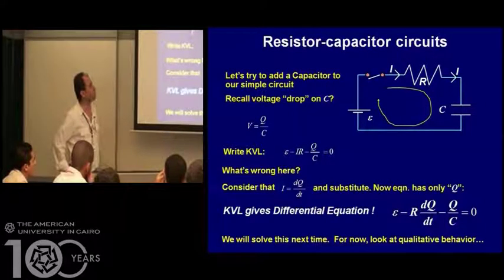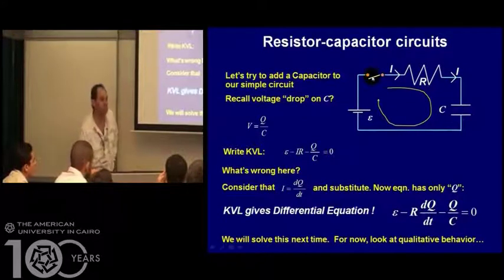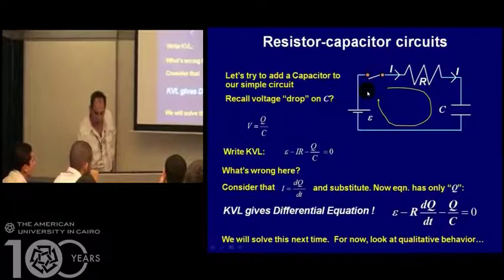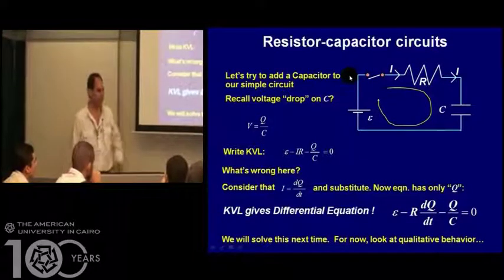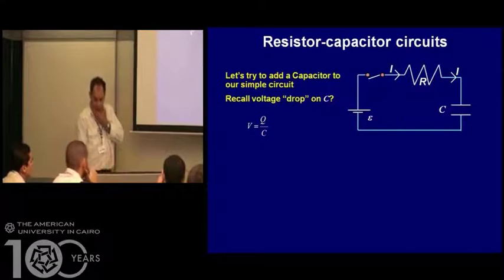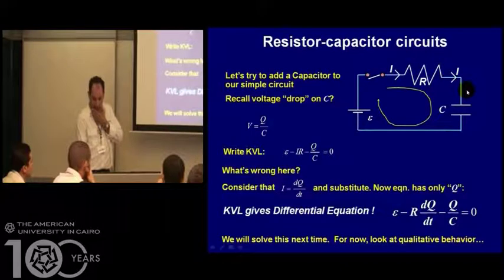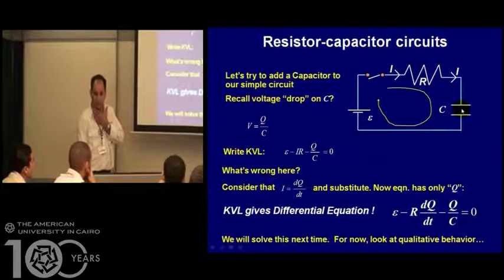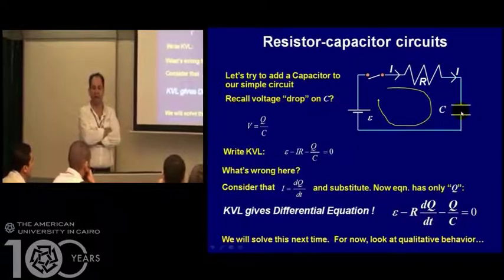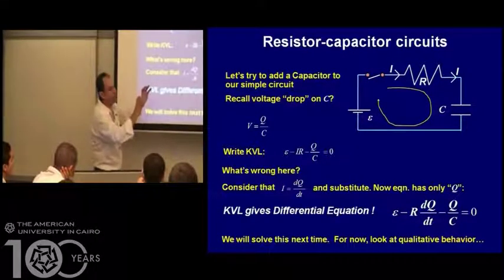If you have an open switch, there is no current in here. Once you switch the switch on, what happens? Charge will flow, right? What is the drop in the potential across the resistor, and what happens across the capacitor? What is the potential? Exactly after you switch the switch on, what will be the potential across the capacitor?